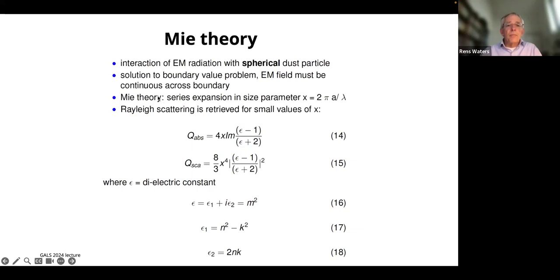If you look into it, you can develop it mathematically into a series expansion in the size parameter x is 2 pi a over lambda, and if you look only at the terms that are relevant in the series expansion for small values of x, then you get these expressions for Q absorption and Q scattering, how they depend on epsilon, and how these epsilons depend on the complex refractive index is given here, where epsilon is the dielectric constant.